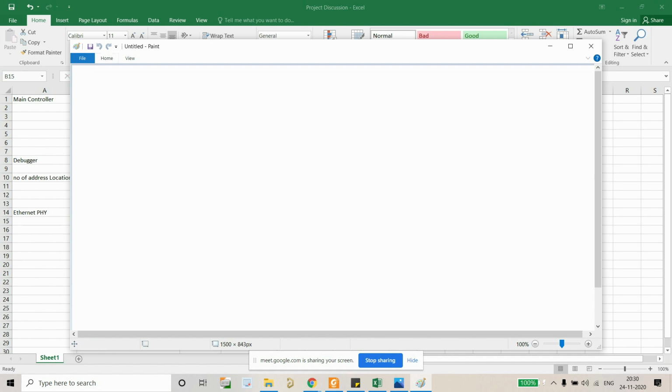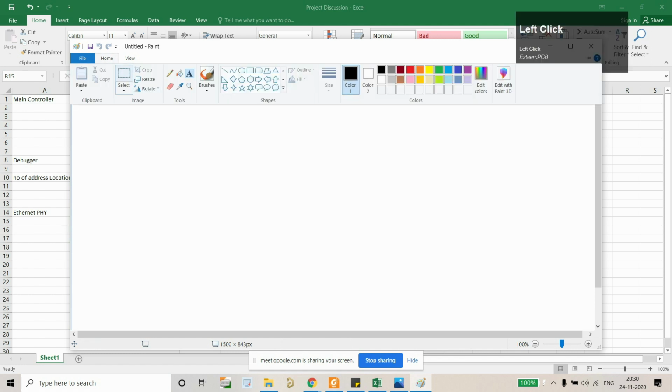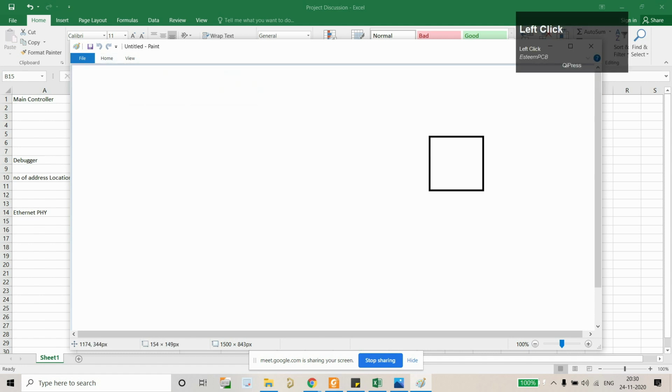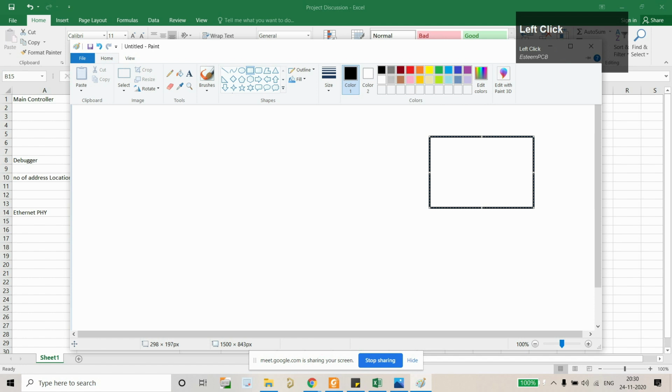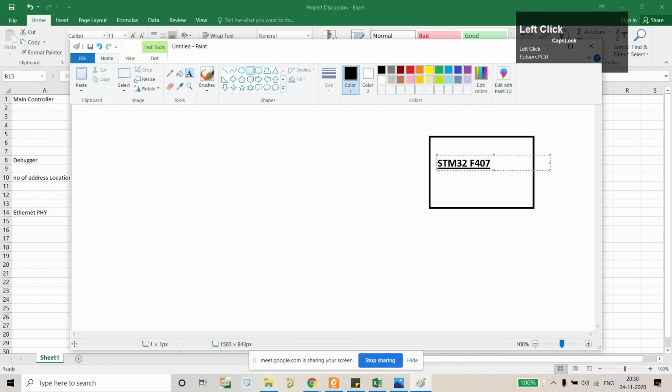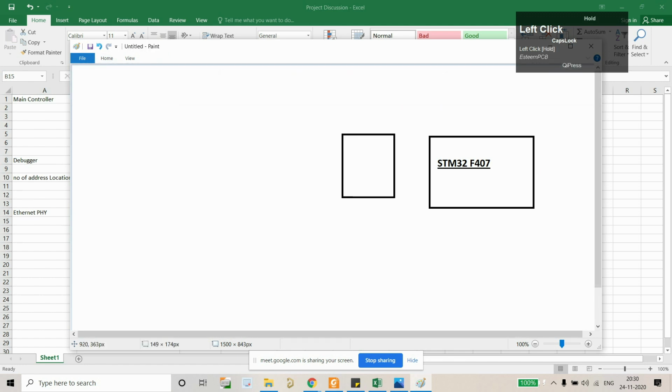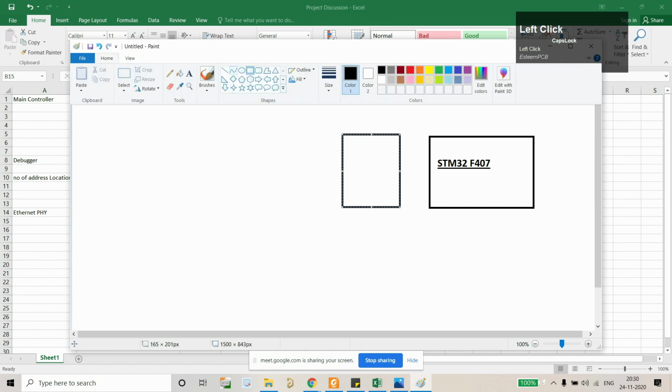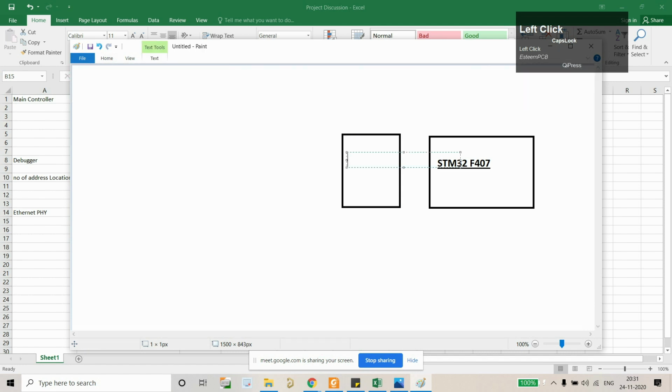Under the physical layer, for example, we have a controller. So I'll draw another block: we have our STM controller, STM32F407. Now we'll draw another block, which is our PHY. Using that block diagram, you will easily understand. This is our PHY.